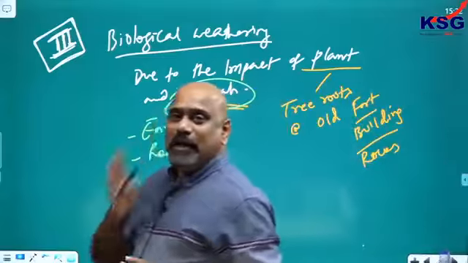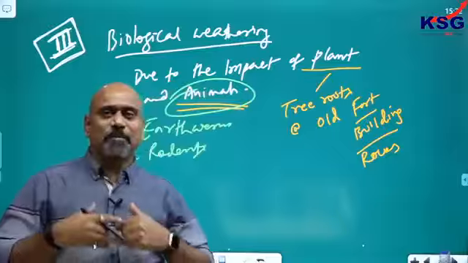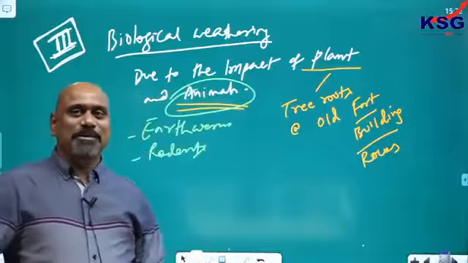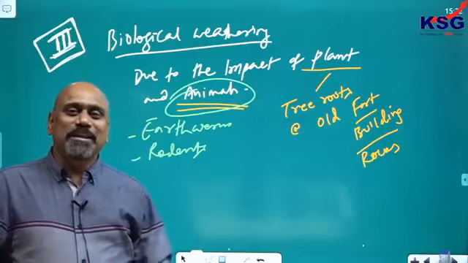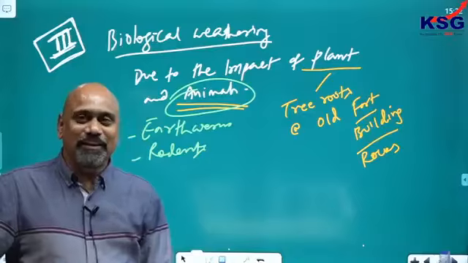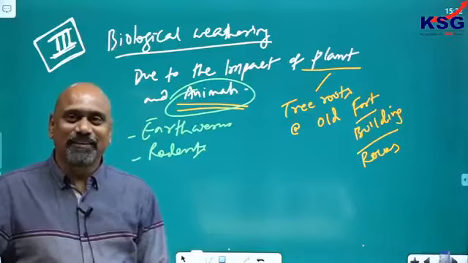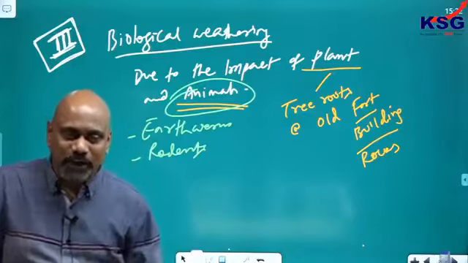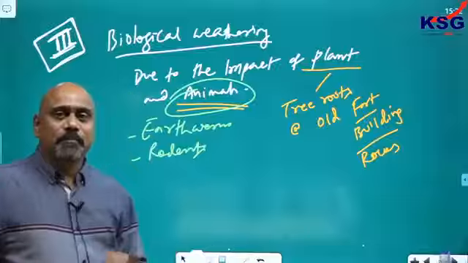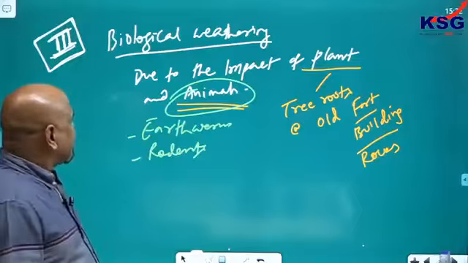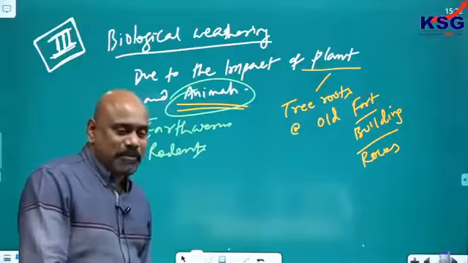Weathering always helps in the formation of different types of soil. Weathering leads to formation of the soil. Different types of soil fertility depends on parent materials and the weathering. Right? Weathering helps in erosion, I said.